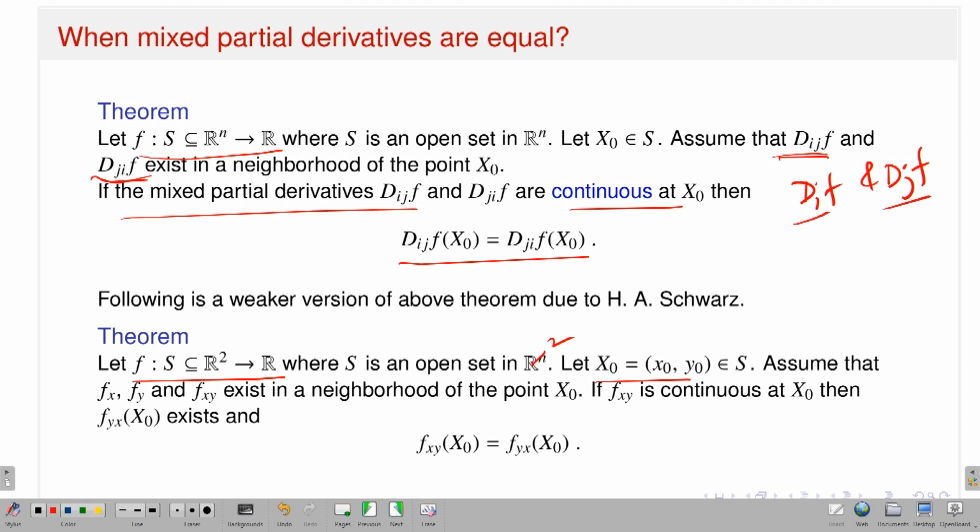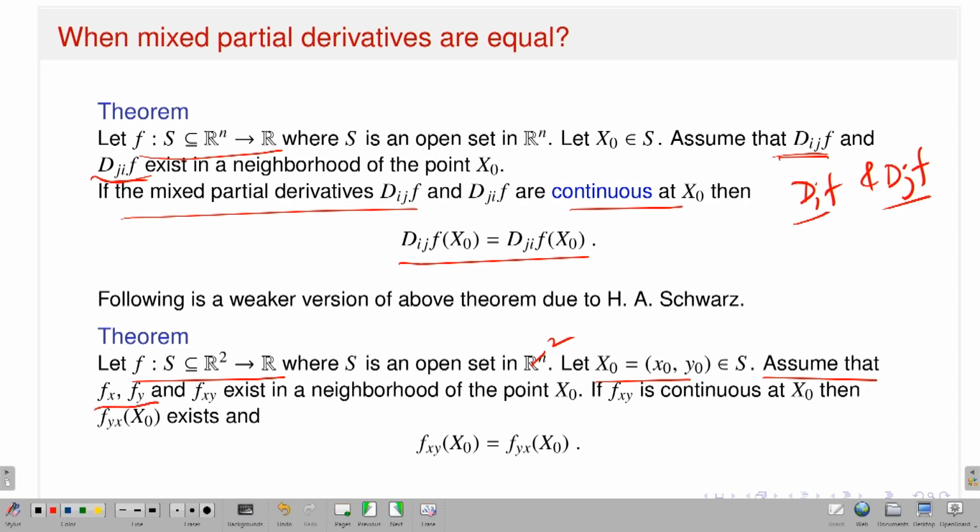First partial derivatives exist, then I can think of them as functions from S, a subset of Rn, to R, and then talk about the partial derivative with respect to xj variable and xi variable. So if dijf and djif exist, it automatically implies that dif and djf exist, and both mixed partial derivatives exist in a neighborhood, and the continuity. Now look at this theorem. I assume that fx and fy exist.